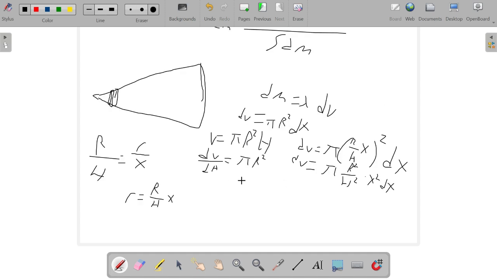So that means that density, or not density, dm, is equal to density times pi times r squared over h squared times x squared dx.